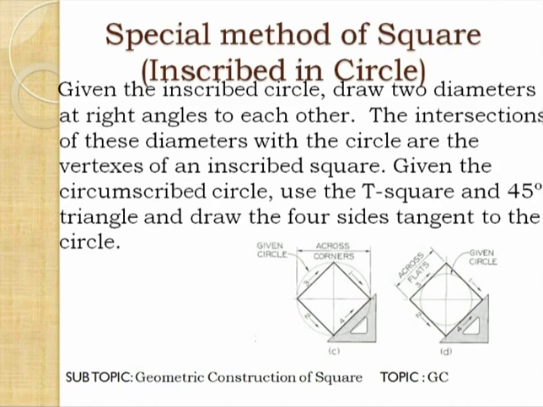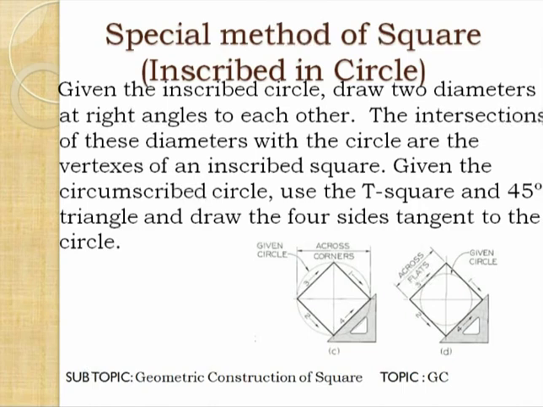In the second figure, we are inscribing a circle in a square, that is, circumscribing the square. So here we are using the set square and T-square. Again you draw one vertical diameter and horizontal diameter, then you draw a 45 degree line which is tangent to the given circle.